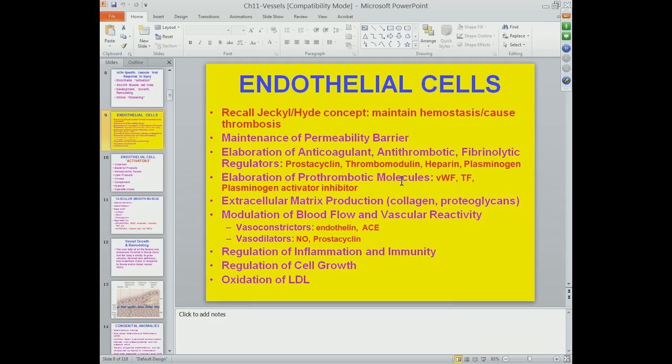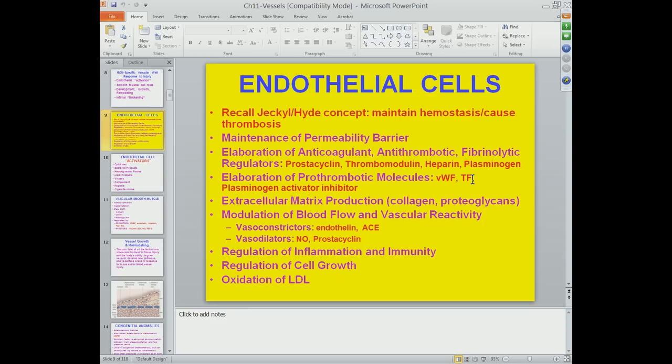And remember, in the activated states now, it also elaborates prothrombotic molecules, or molecules that will start to enhance or amplify coagulation. One of them is von Willebrand's factor. Remember, that's the guy that connects the platelets to the extracellular matrix.